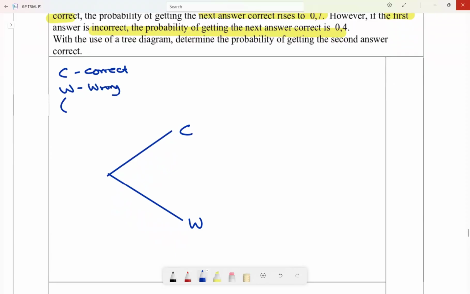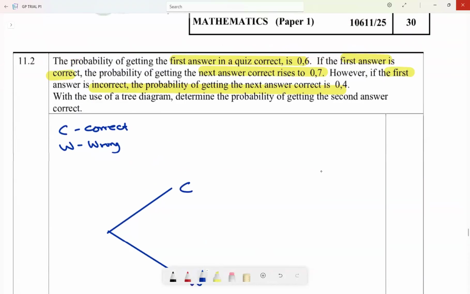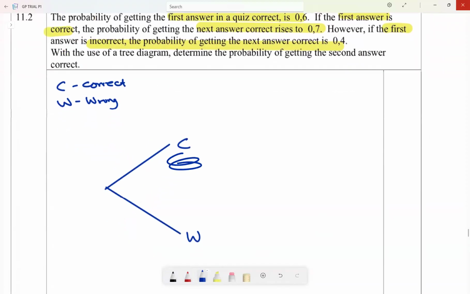You can use alternatively incorrect, but you need to indicate that it is incorrect. So they are saying the probability of getting the first answer in the quiz correct is 0.6.